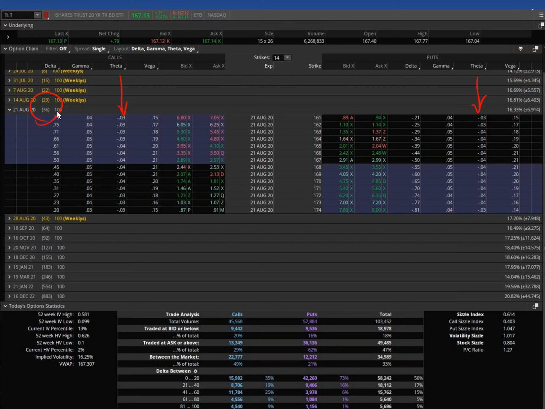And vice versa, with this being a bearish assumption, we would want to do the opposite of that, like sell calls. If we were selling calls, we would want to take advantage of that premium decay. And if we were buying puts for a bearish assumption, we would want to be limiting that theta component, okay?